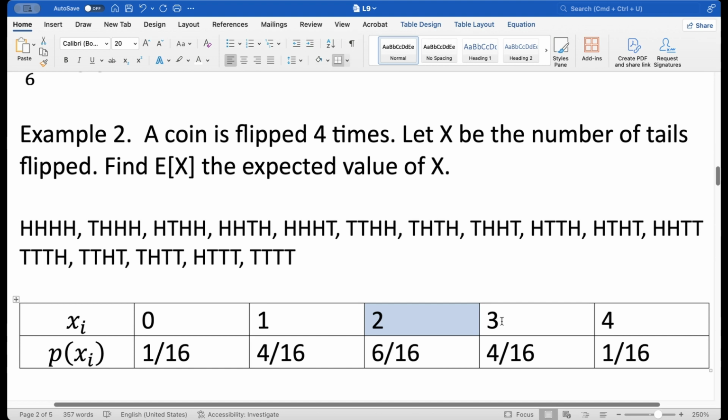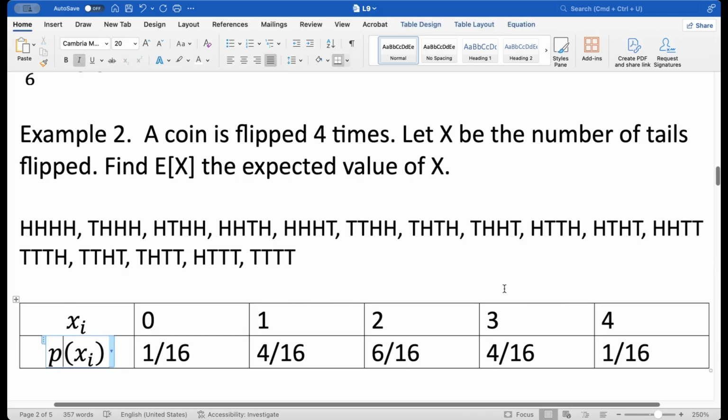And then 3 tails, which would correspond to 1 H. So that's 4 out of 16. And then all 4 tails, there's only one way to do that, 1 out of 16. All the probabilities are positive, and the sum has to add up to one whole. If you add those numerators up, you get 1, 5, 11, 15, 16.